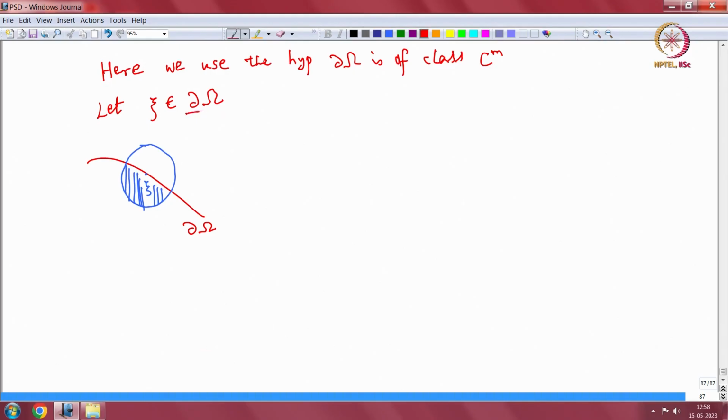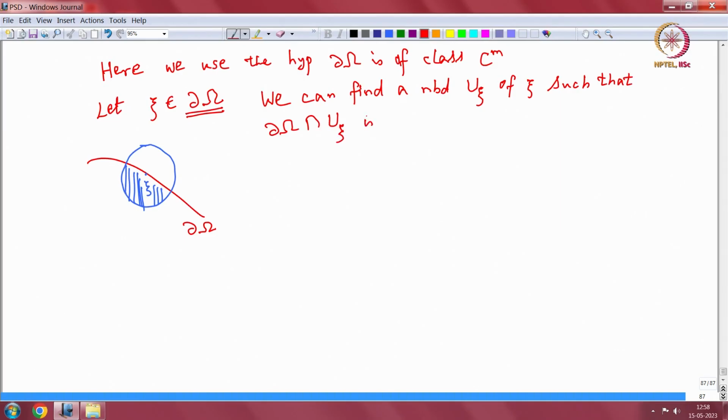So, since this del omega is a surface of class CM, we can find a neighborhood, I will call it Uj, of J such that this piece sitting in Uj is given by the equation xn equal to phi of x prime.